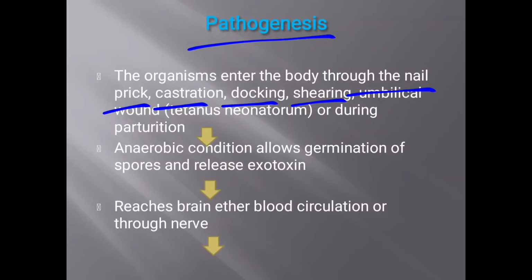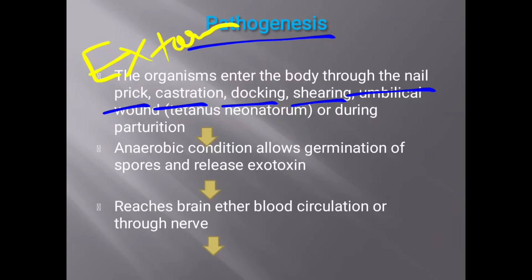Let us come to the pathogenesis of tetanus. The one point which we have to remember is that this disease is mainly caused by the exotoxins which are released by the rod. These toxins enter into the body and reach the brain.